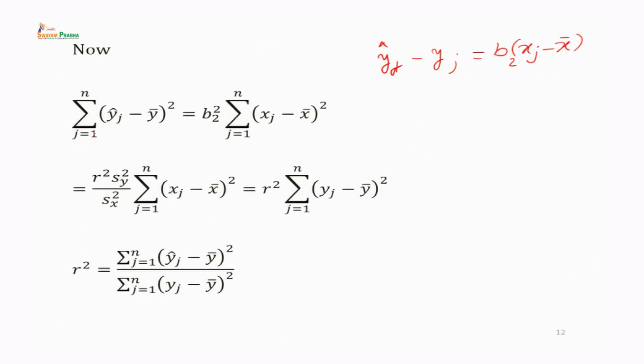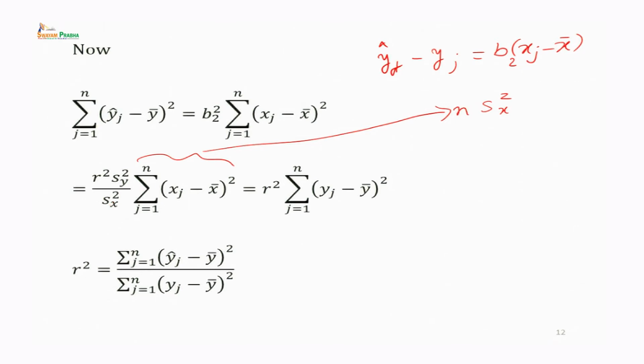So, from here you obtain b2 square times summation j (xj minus x bar) whole square. Then summation (xj minus x bar) whole square is equal to n times sx square, and b2 square is equal to r square sy square upon sx square.